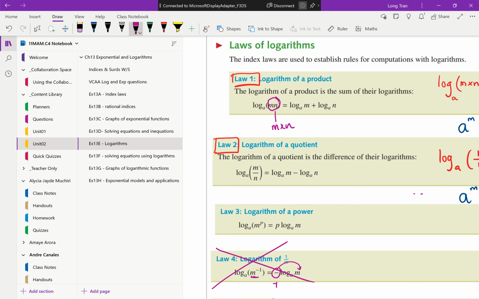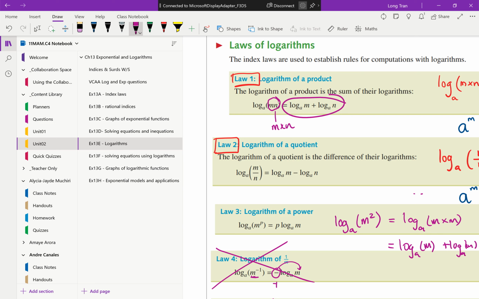So if it was 2, let's go with that. Log a of m squared, you're saying that this is the same thing as writing log a of m times m, which then becomes, using rule number 1, you can split them up into log a of m plus log a of m.